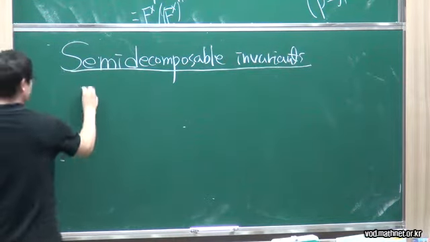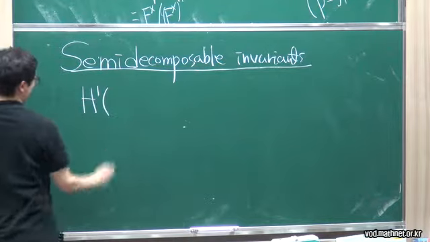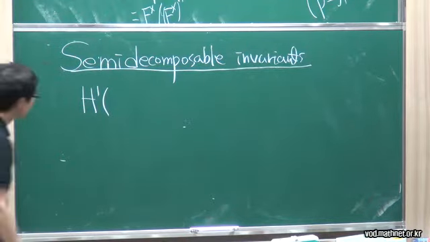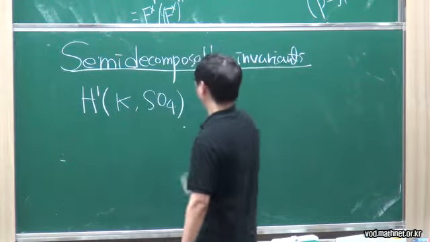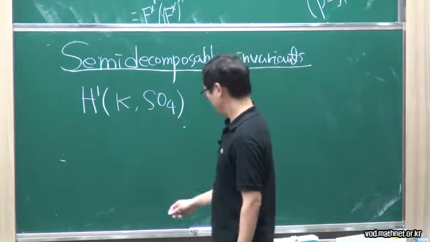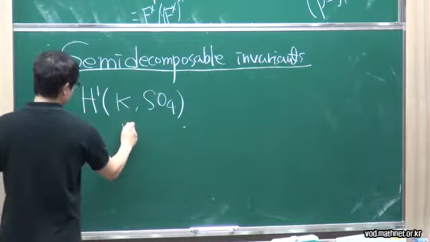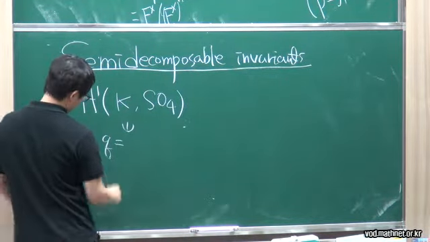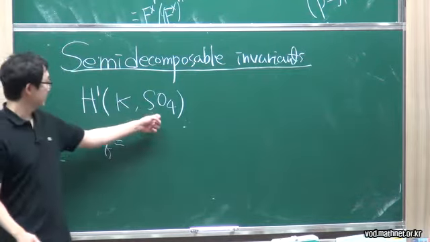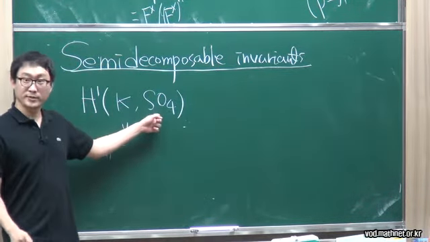So now we consider a special orthogonal group. And for this group, any G-torsor can be identified with a quadratic form of rank n whose discriminant is trivial.